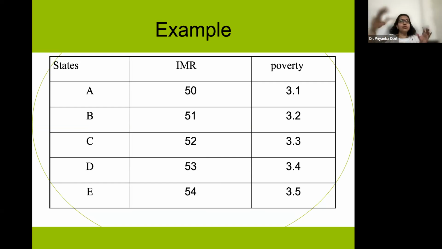Because we do not have a fixed range, we are not in a position to say whether the relationship is strong, weak or moderate. We can only say whether the relationship is significant or not.